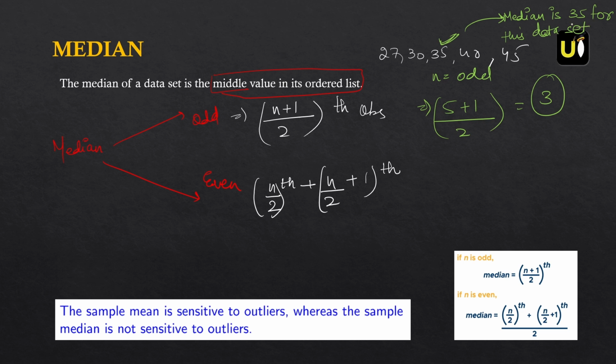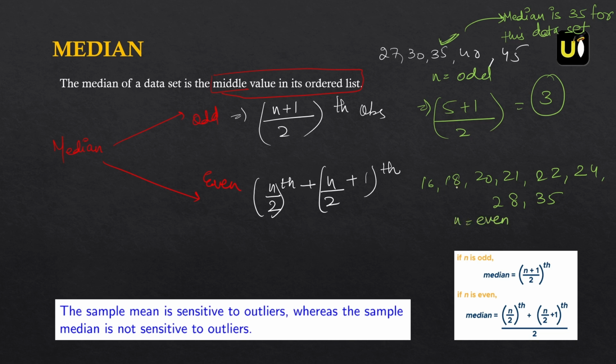All right, so suppose now we have 16, 18, 20, 21, 22, 24, 28, 35. Okay, so now we have to find the median. So here n is even.